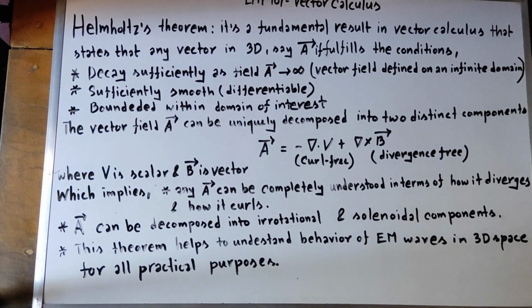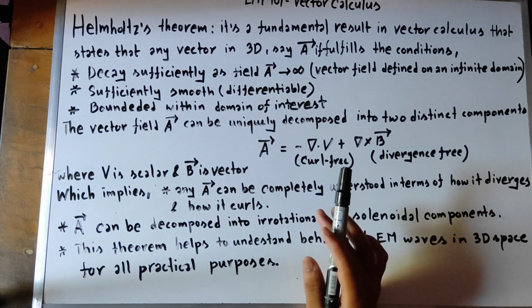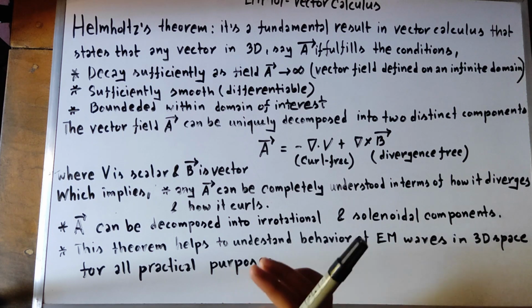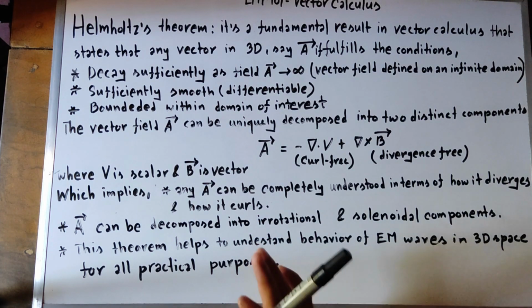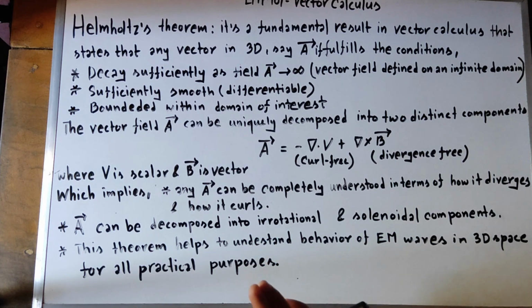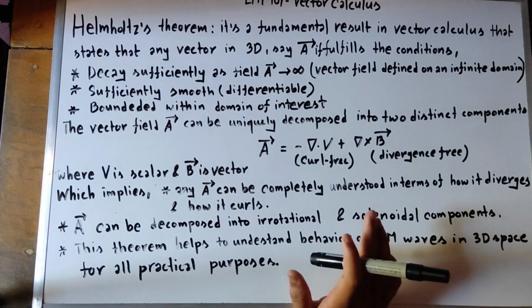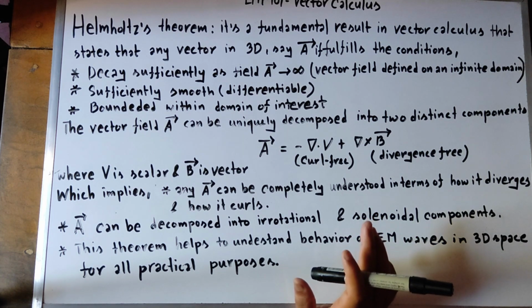Any vector that is described by Helmholtz theorem has a Laplacian that satisfies a certain relation. I'm going to show you that relation, then take some simple examples, then show you some fields and how they are decomposed into distinct parts, and it's very interesting.